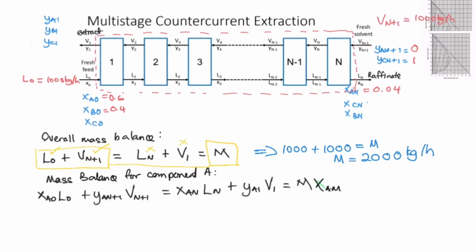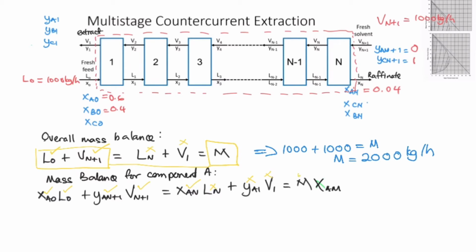So now let's look at what we have for the mass balance for component A. You have XA0, you have L0, you have YA(N+1), you have V(N+1). Okay, you have XAN, but you don't have Ln. You also don't have YA1 and you don't have V1.